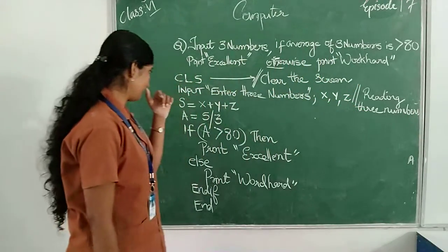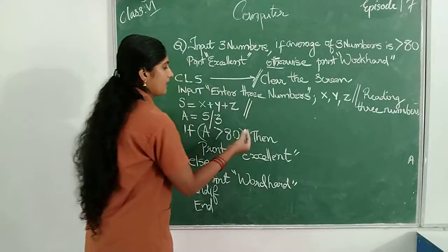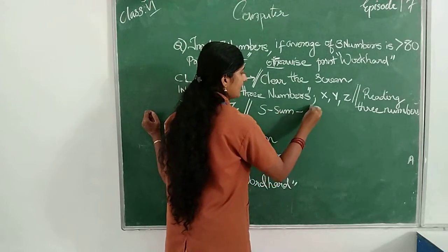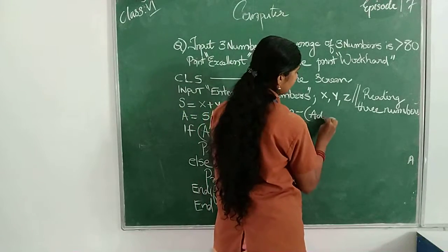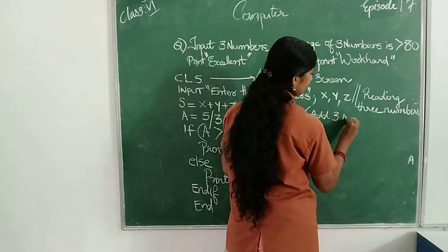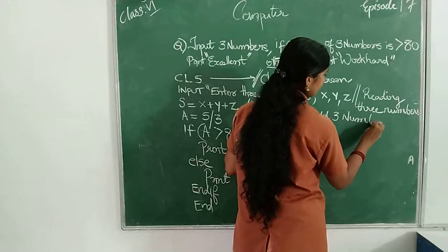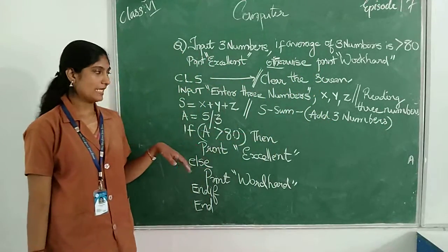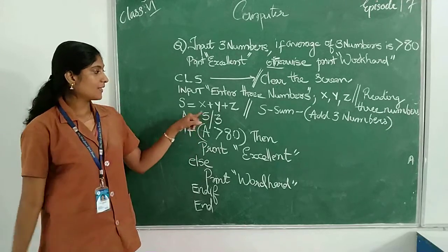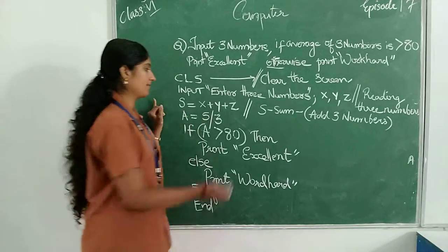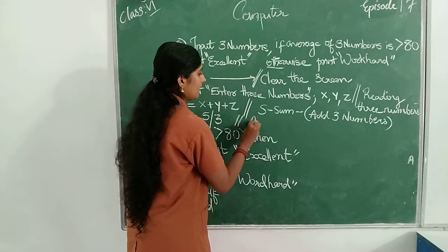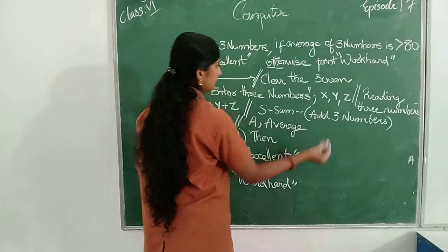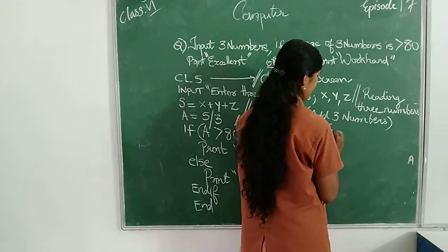Then next, sum, adding 3 numbers. That means the values of X, Y and Z, adding the 3 values and stored in the variable S. Then A, average, calculating average.